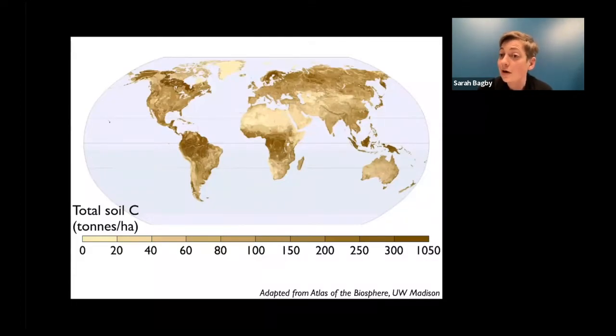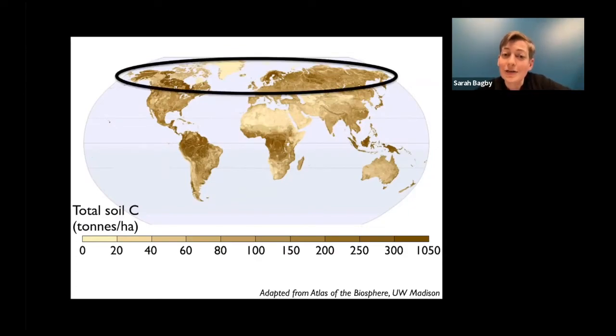And so not actually all that much gets stored. So instead, where we see the bulk of the storage is in northern latitudes, which stores somewhere between a third and a half of all the world's soil carbon. So here we've got lots of wet weather, which is great for photosynthesis, but it's cold, and cold inhibits decomposition.